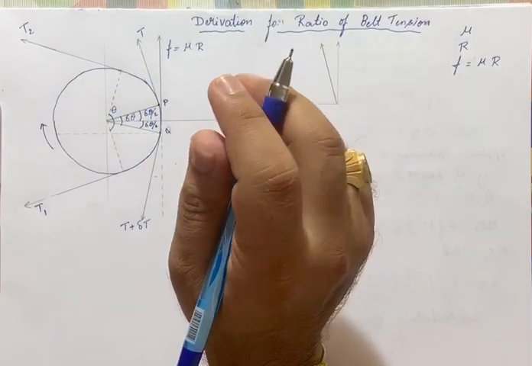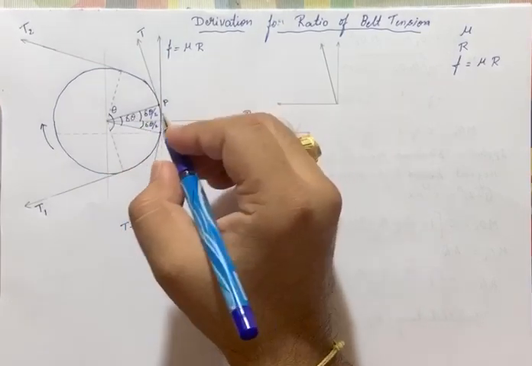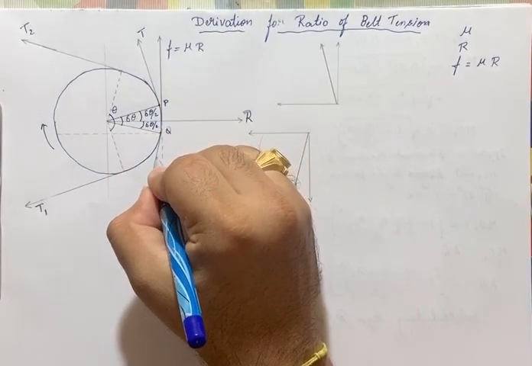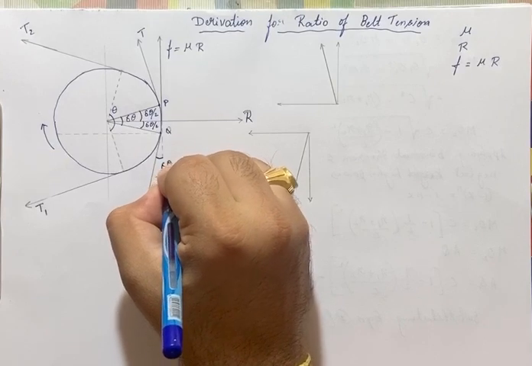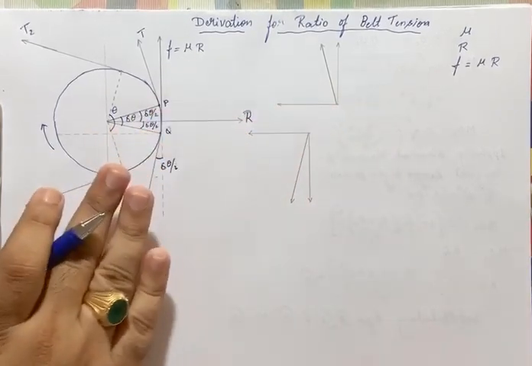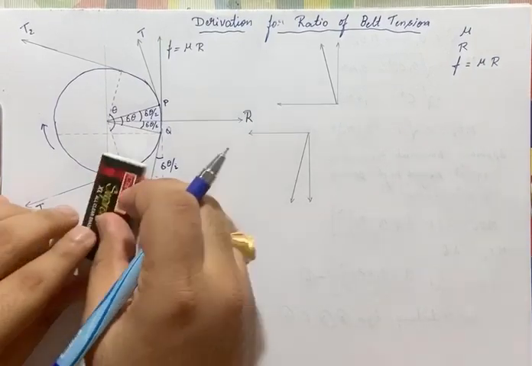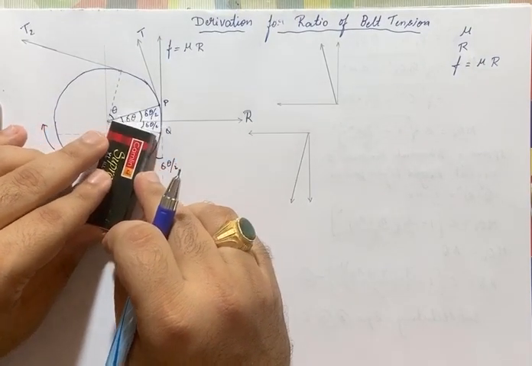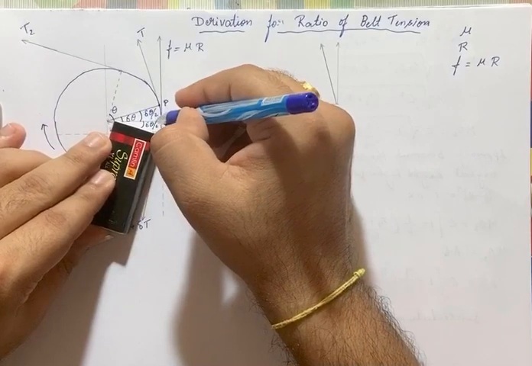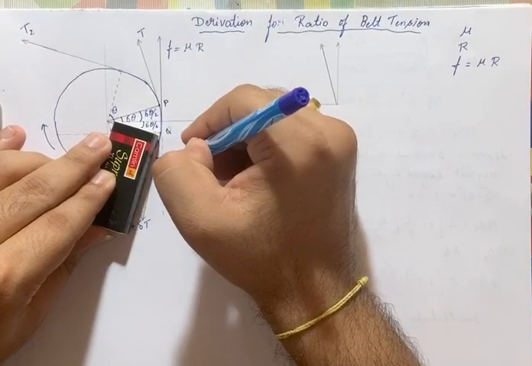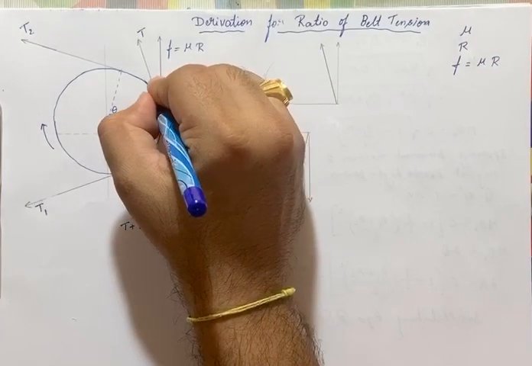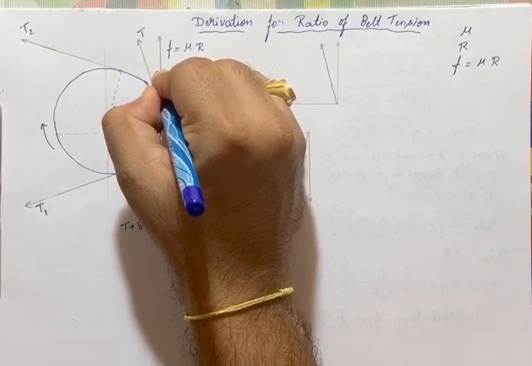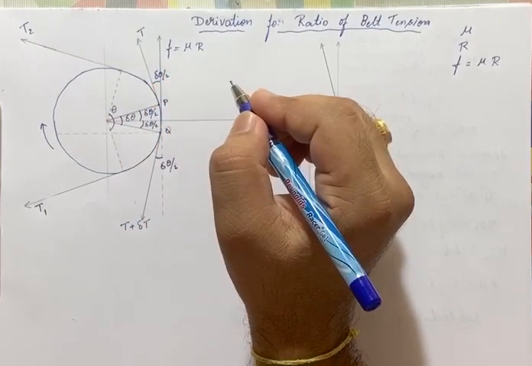Why? Because we have tilted like this, so if the angle here is delta theta by 2, the same angle will be there on this side also. Similarly, this angle also will be delta theta by 2.